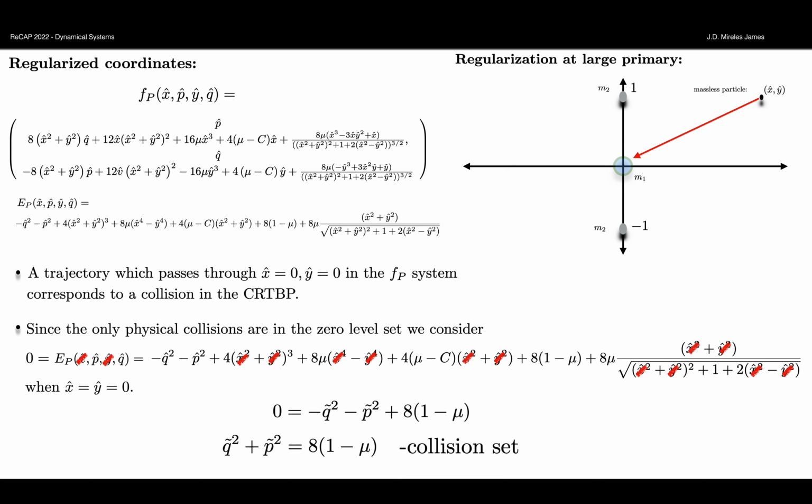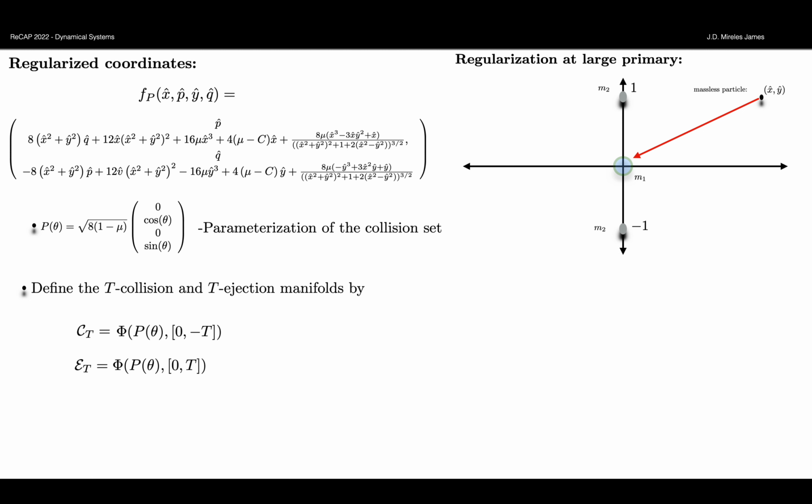Okay, so what I'm going to be interested in first are orbits that are ejected from one primary and that collide with another primary. So let's define these tubes, actually. So take the circle, parameterized by p, and let's flow that backwards for a time t.